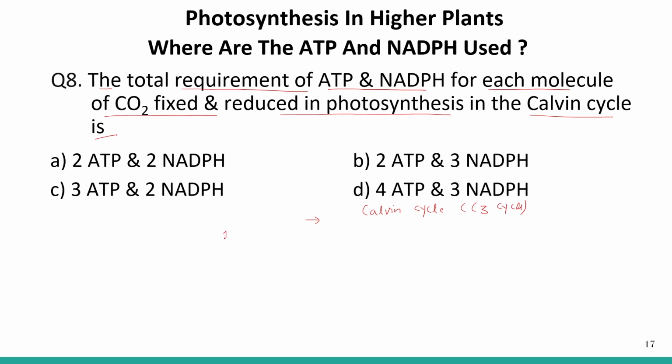The first phase is known as the carboxylation phase. During carboxylation, carbon dioxide combines with RUBP in the presence of the enzyme Rubisco, and 3-phosphoglyceric acid is produced, a 3-carbon compound, 2 molecules of it.